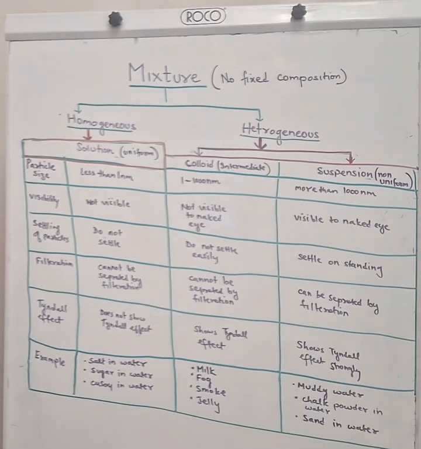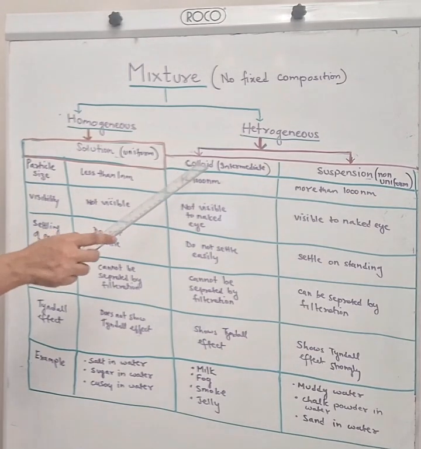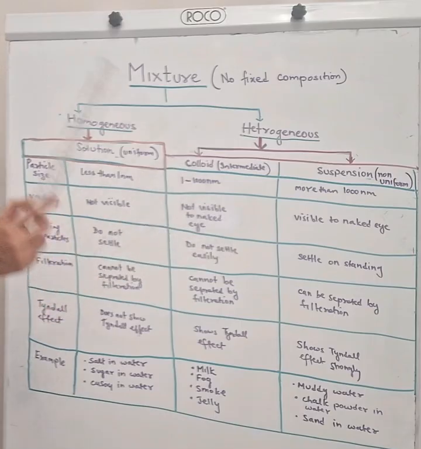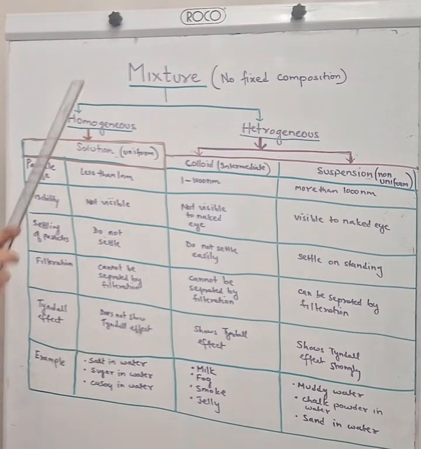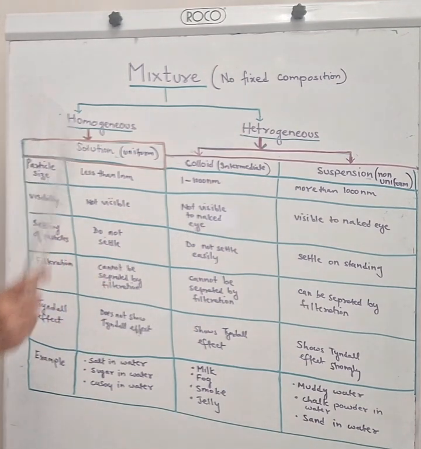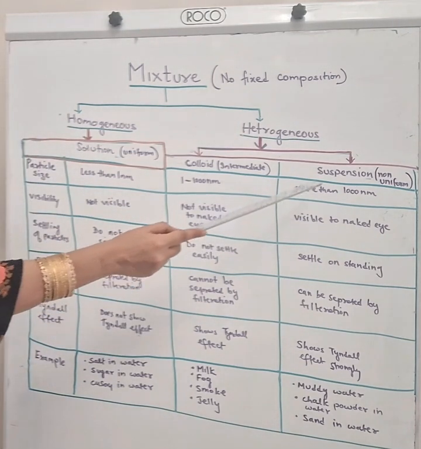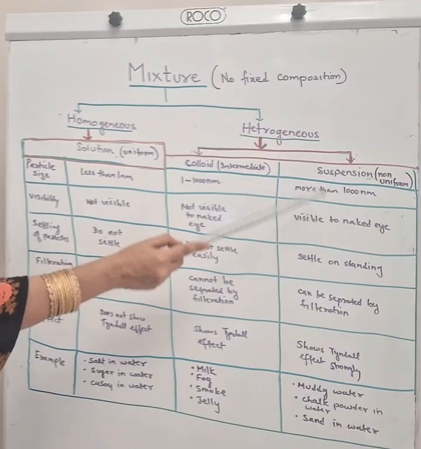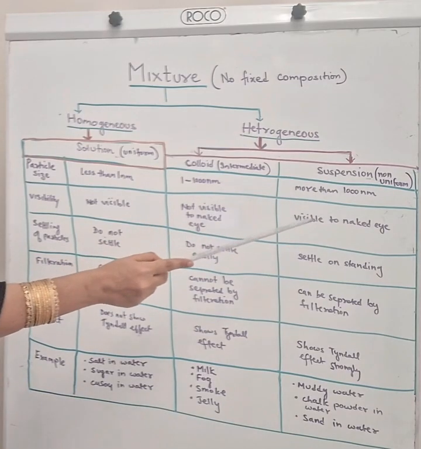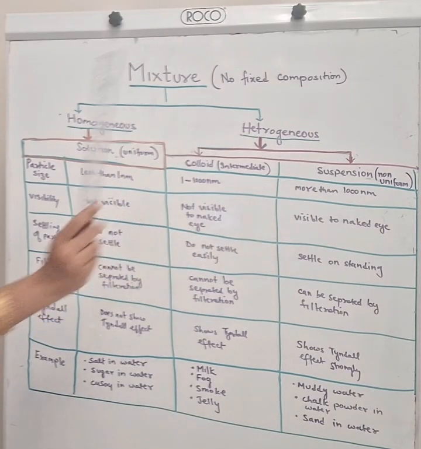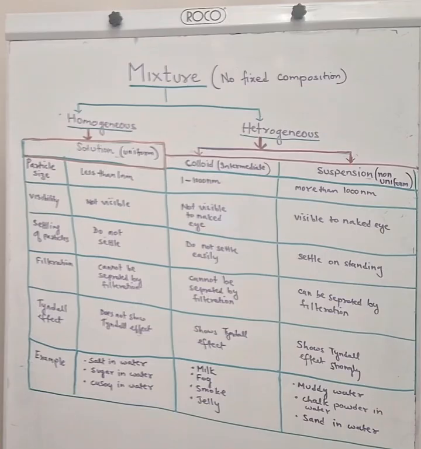Nothing is visible in a solution; you can see a clear solution. In colloid, the substance is not visible with the naked eye, whereas in a suspension you can see the substance present with your naked eye.